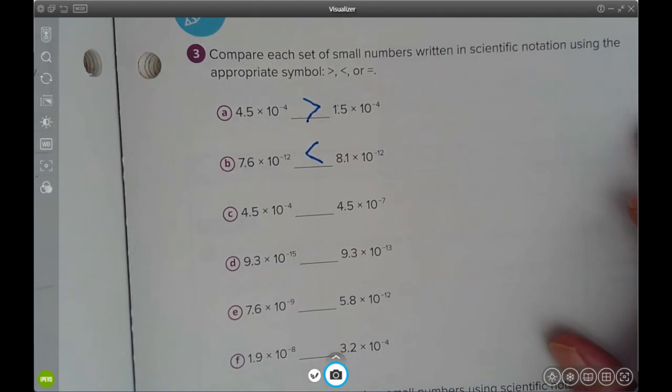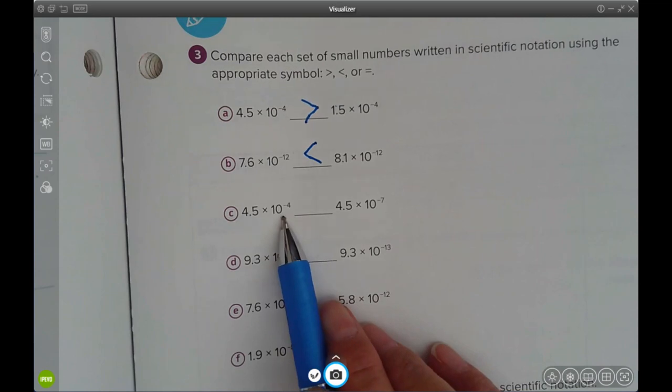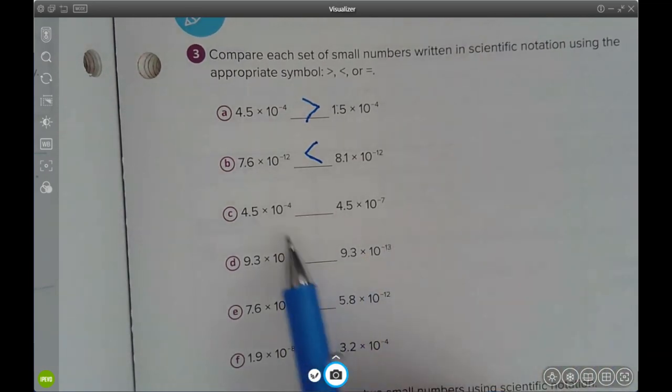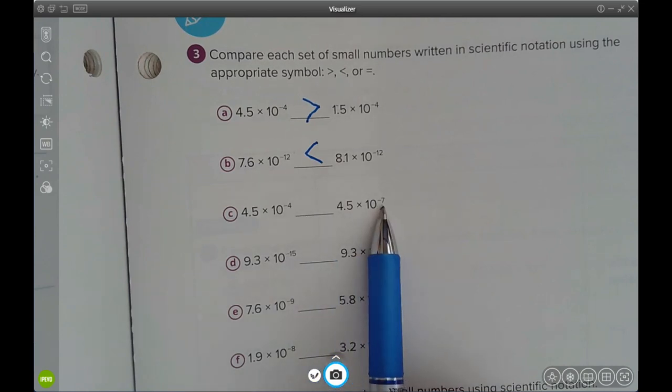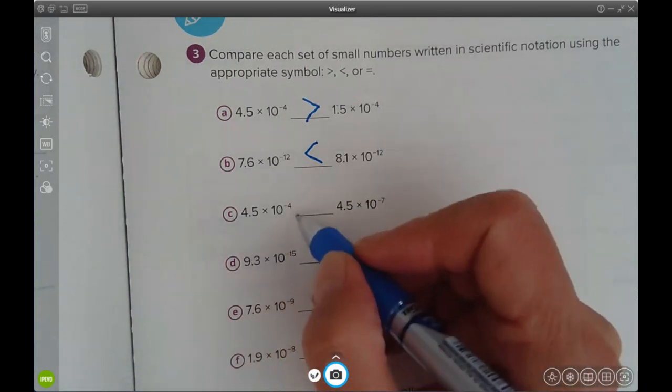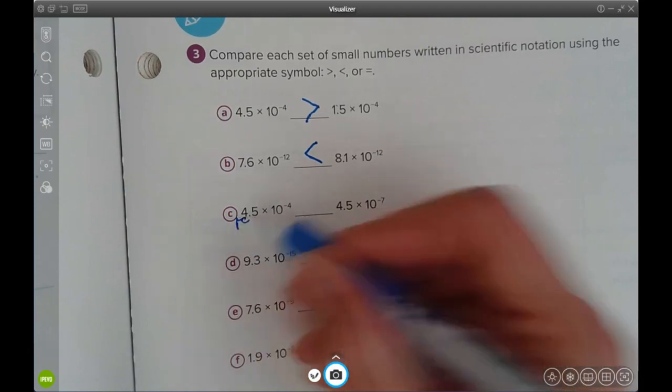Okay, so what happens when the exponents are not the same? So what you have to think about is which of these numbers is further away from 0? Because the one that's further from 0 is the smaller one. And I'm just going to show you by writing it out. This is a wee little number, so I had to move this direction.